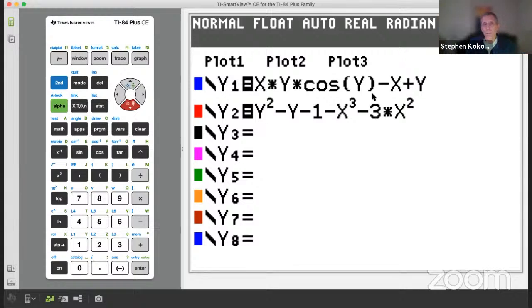So I've rewritten the equation for the curve as an expression in x and y equals 0. And this is the part that's equal to 0. So it's x times y times cosine of y. That was Steve's left-hand side of his equation, and on his right-hand side, he had x minus y. Notice what I've done: I've subtracted x and added y to both sides.